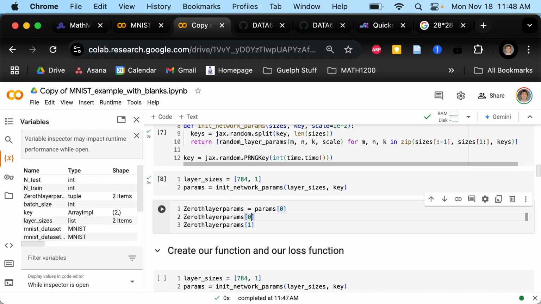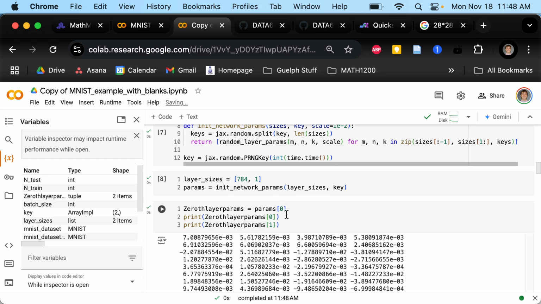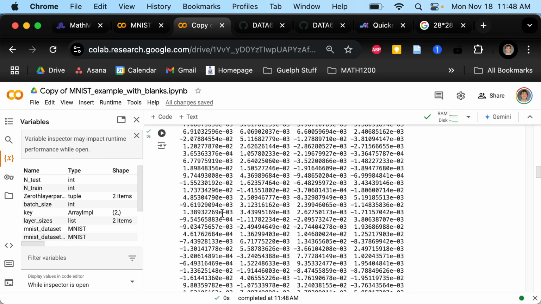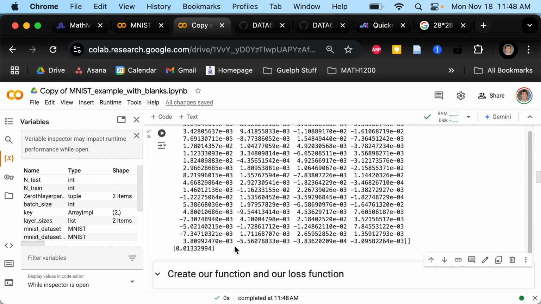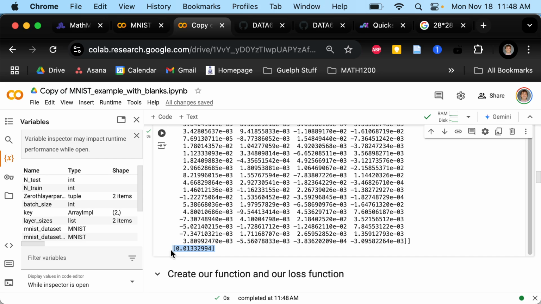Okay, let's print these out so we can see them. Okay, so 0th parameters of 0 is this big long list. Oh my goodness, it's so long. But 0th layer params of the second thing is just a number.